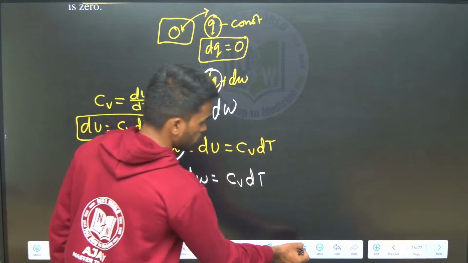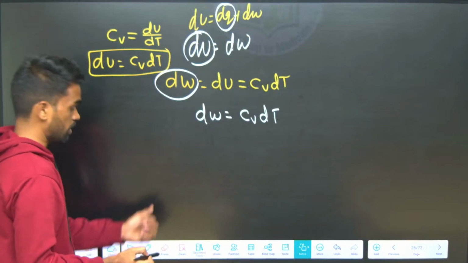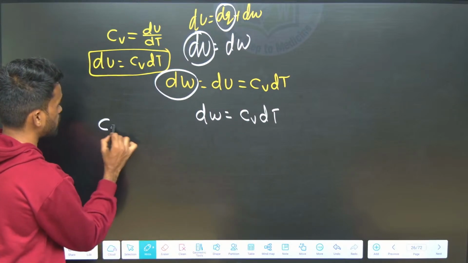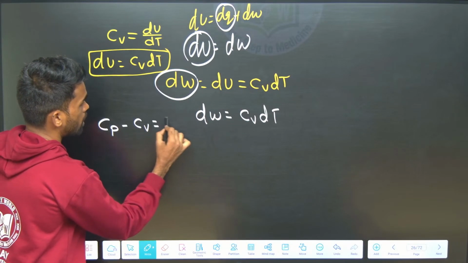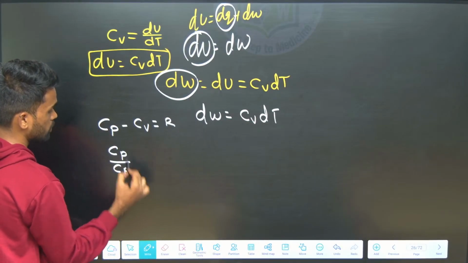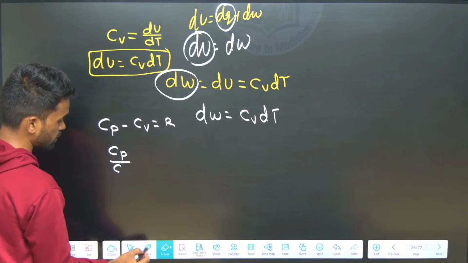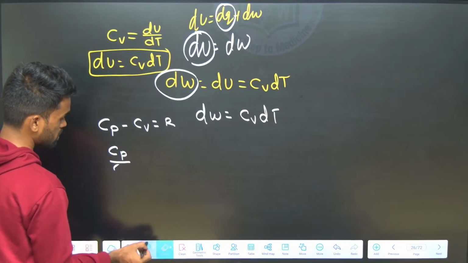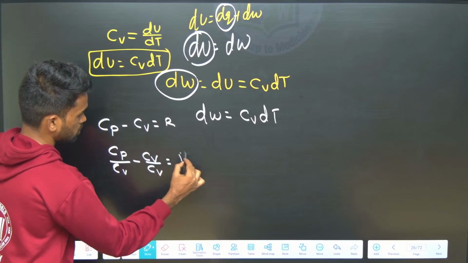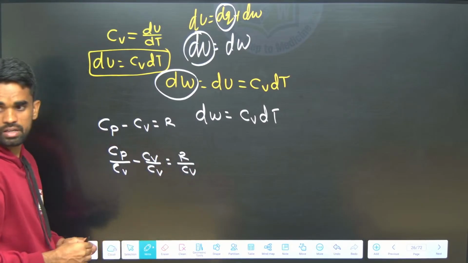Now again, in the last class also I discussed, Cp minus Cv equals R. Now I am dividing this with Cv. So what does it give?